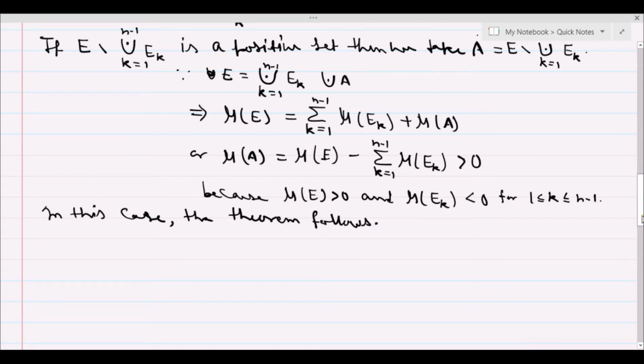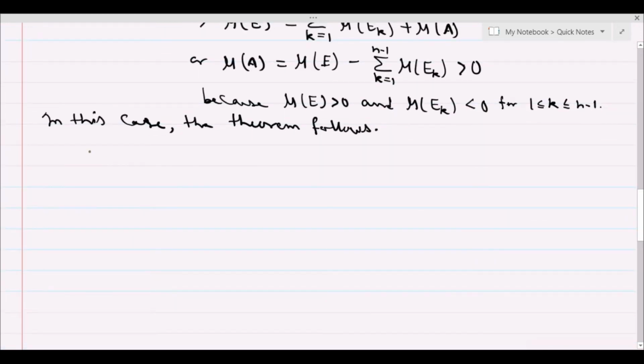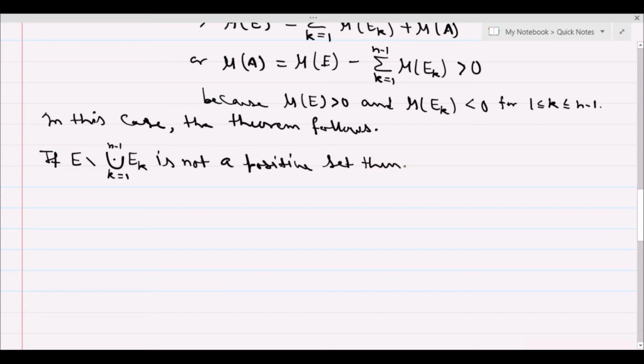Okay, if E minus union k is equal to 1 to n minus 1 of ek is not a positive set, then the process will not stop.